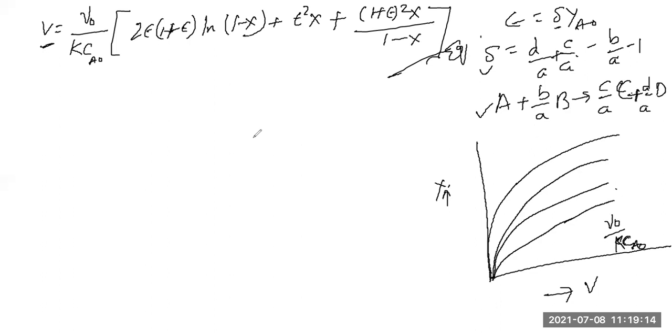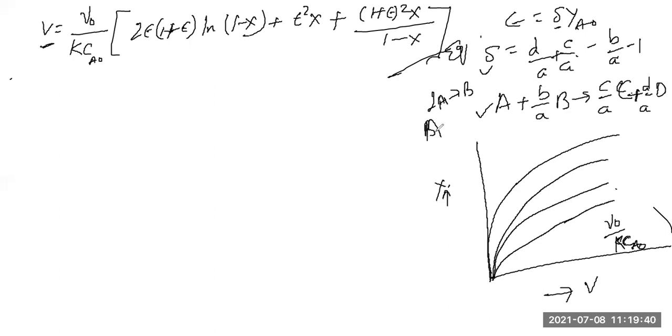Say this reaction, where 2 moles of A are changing into 1 mole of B. That is, there is a decrease in the number of moles.